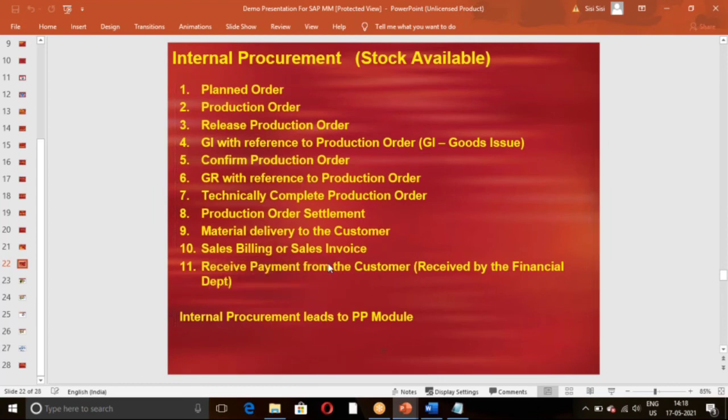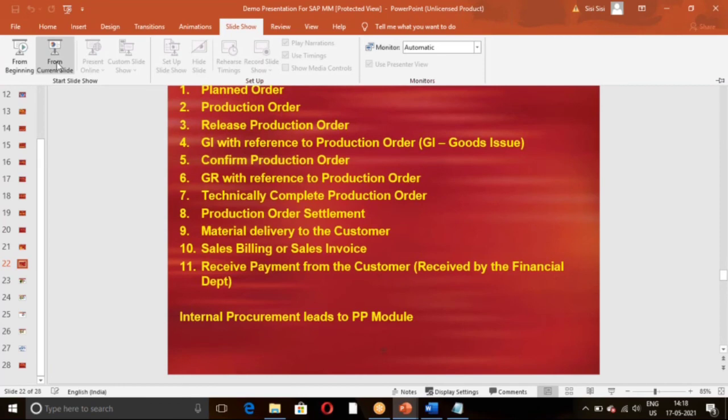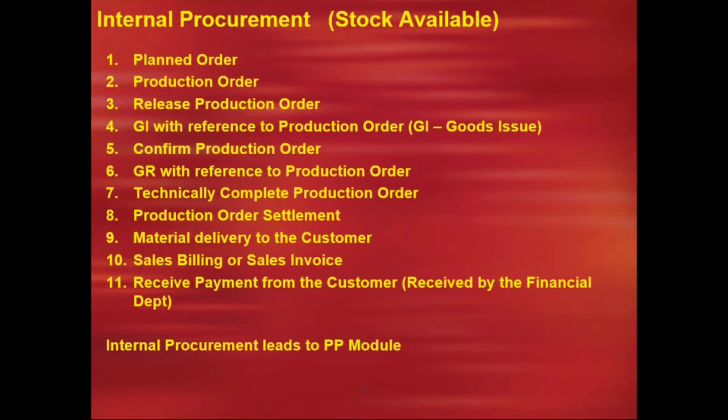Finally, sales billing takes place, and receiving the payments from the customer is done by the finance department. So this total cycle comes under procurement called internal procurement, that leads to a module called PP, production planning.